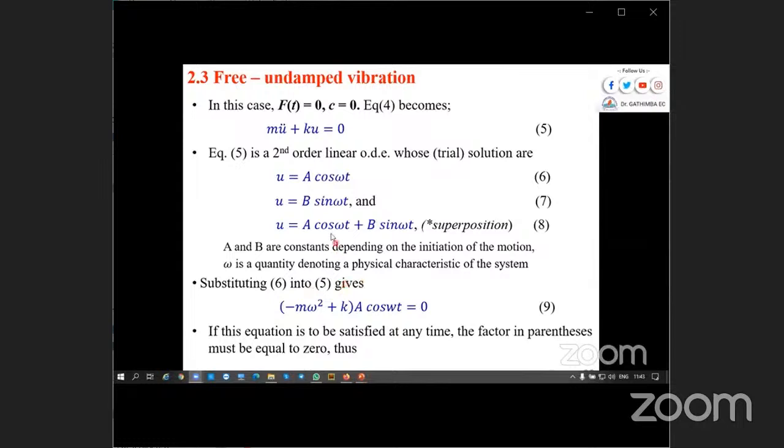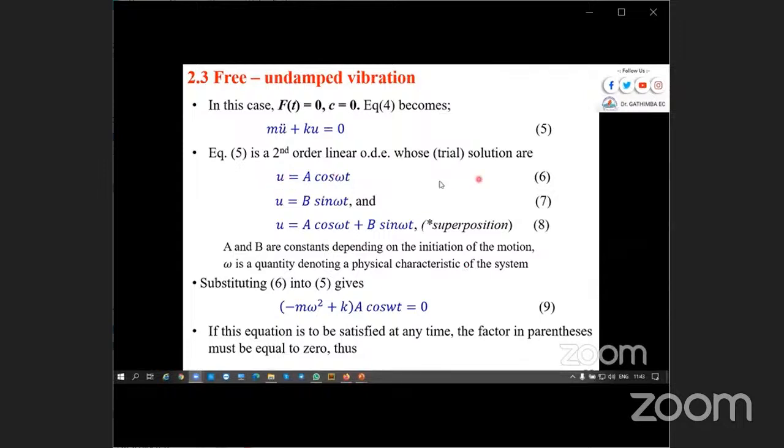Now, from our equation 5, we have the trial solutions 6, 7, and 8. If you substitute equation 6 into equation 5, you have to differentiate twice. This class is very easy because this is mathematics that you have already done.